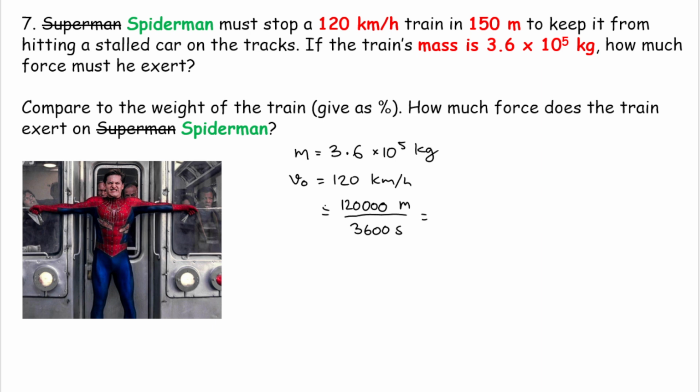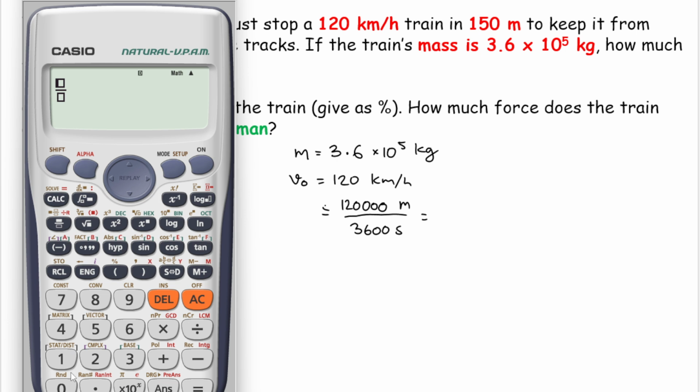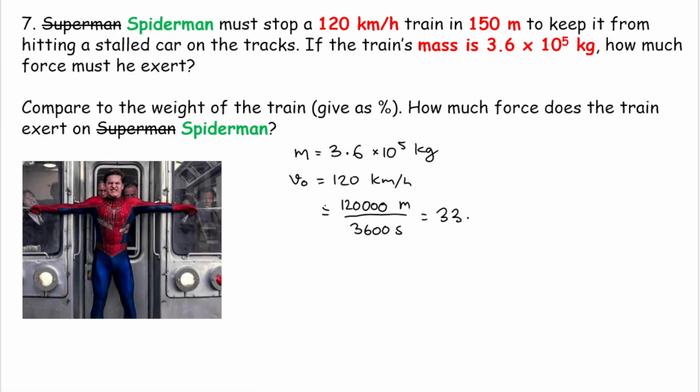I think we need to do it by calculator here. So I have 120,000 divided by 3600, and that will be 33.33, and the unit here will be meters per second.